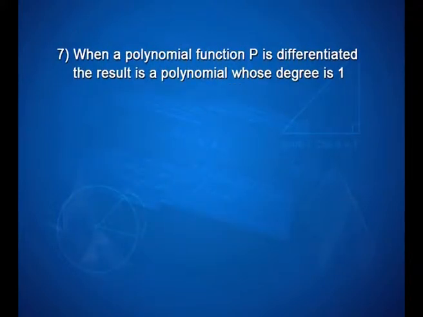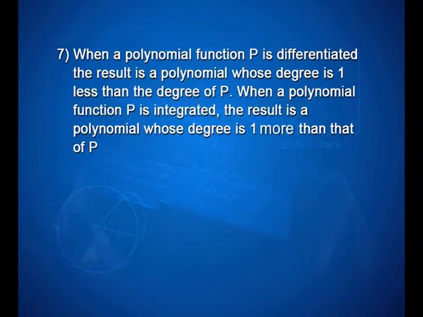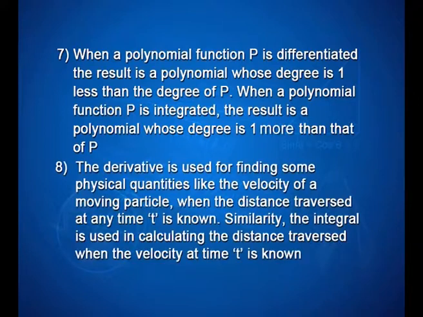Seventh, when a polynomial function p is differentiated, the result is a polynomial whose degree is 1 less than the degree of p. When a polynomial function p is integrated, the result is a polynomial whose degree is 1 more than that of p. Eighth, the derivative is used for finding some physical quantities like the velocity of a moving particle when the distance traversed at any time t is known.